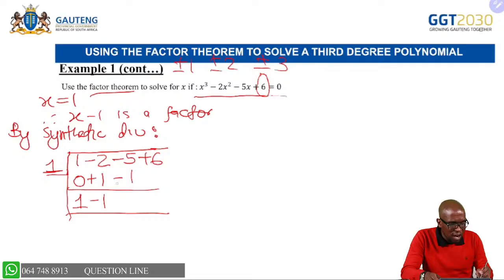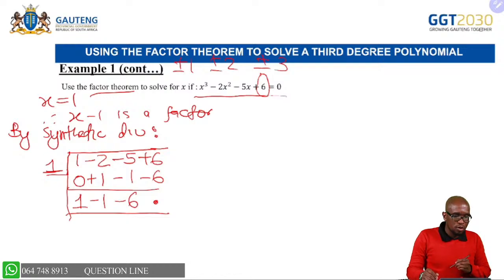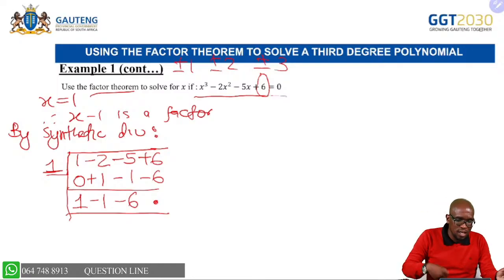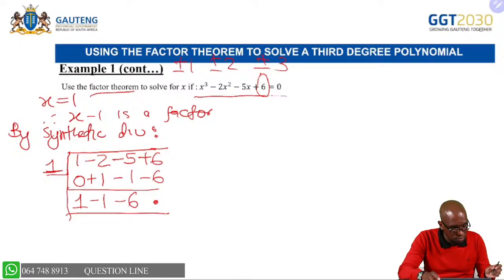So minus 5 minus 1, that's minus 6. Minus 6 times 1, I get minus 6. So the last one should always give you 0. Then you'll know that your use of synthetic division is correct in this case, because the last term or the constant term should always be 0.